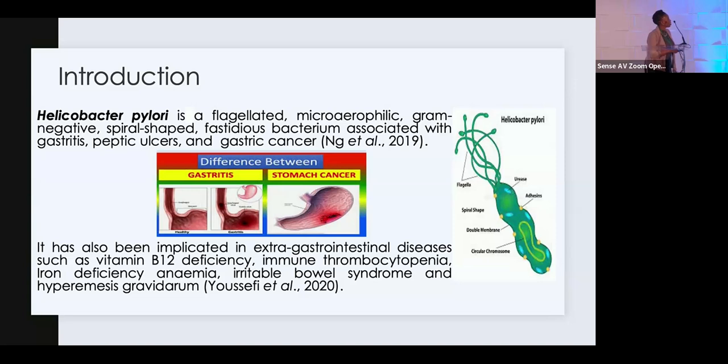It is associated with gastroenteritis, peptic ulcer, and gastric cancer. It has also been implicated in extra-gastrointestinal disease, such as vitamin B12 deficiency, inflammatory bowel disease, immune thrombocytopenia and iron deficiency anemia.